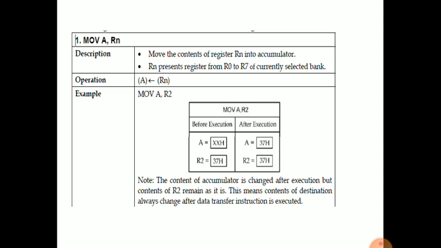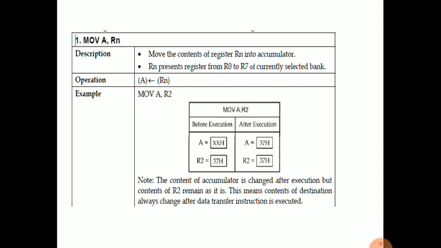The note: the content of the accumulator is changed after execution, but the contents of R2 remain as they are. This means the contents of the destination always change after a data transfer instruction is executed. Yes, it is right, because data transfer means data has to be transferred from source to destination.